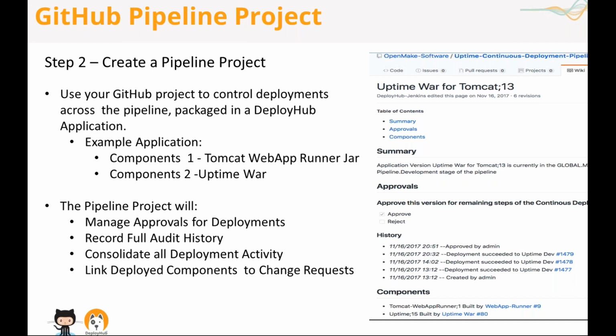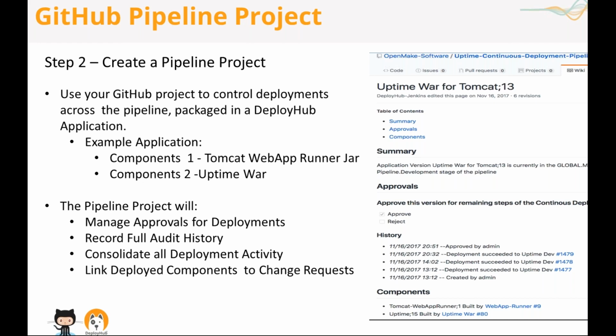Now, you could include also other parts of that application, like the database, for example. If you had database changes, that would be a component. If you need to install Tomcat, you could actually call on Ansible, which we integrate with, or Puppet or Chef to install Tomcat. And what the pipeline project will do is help manage the approvals for the deployments.